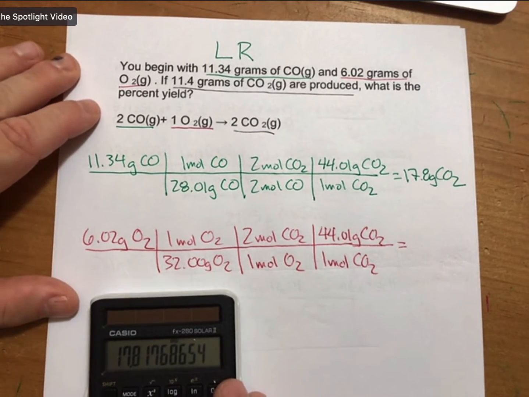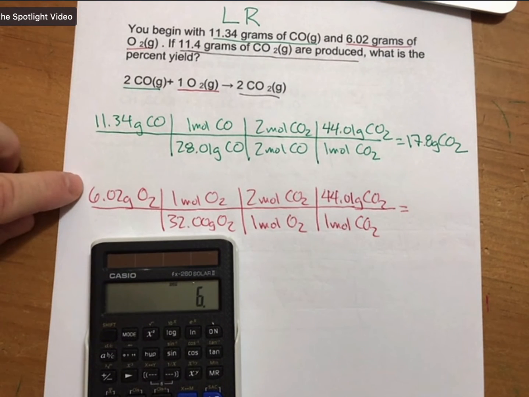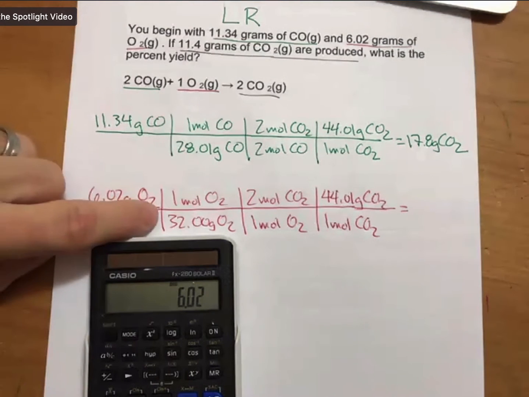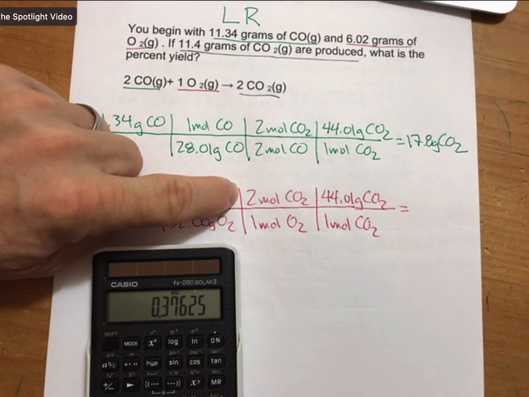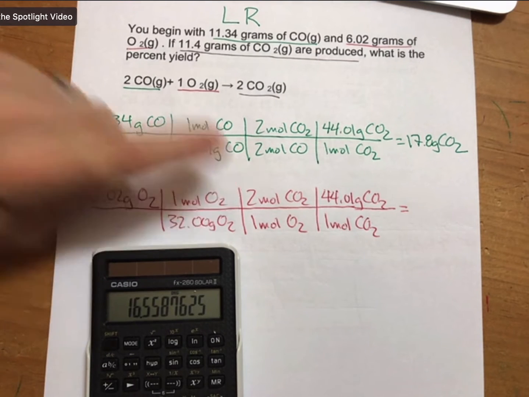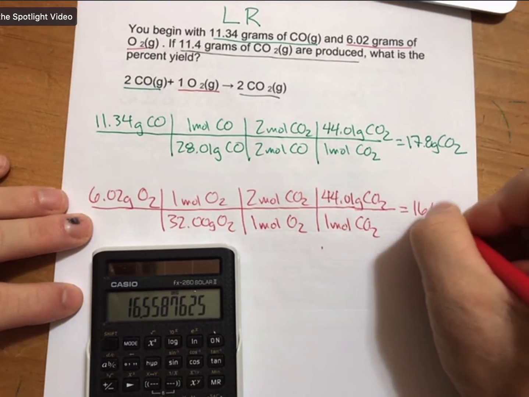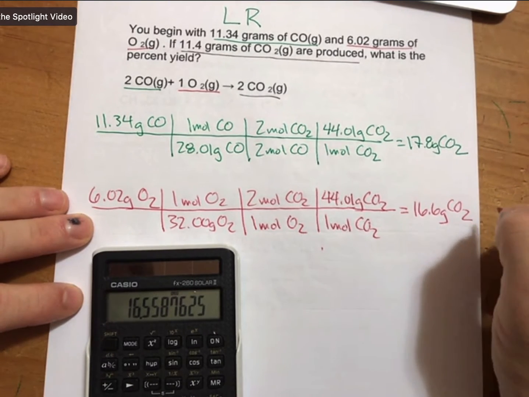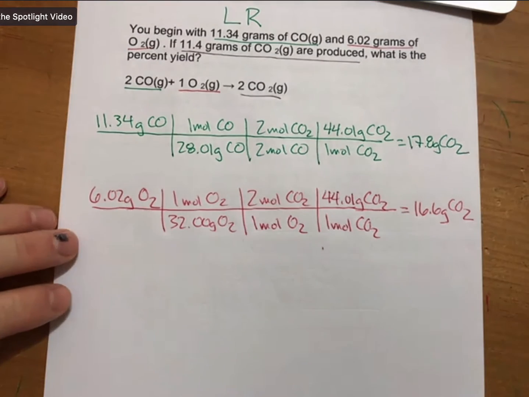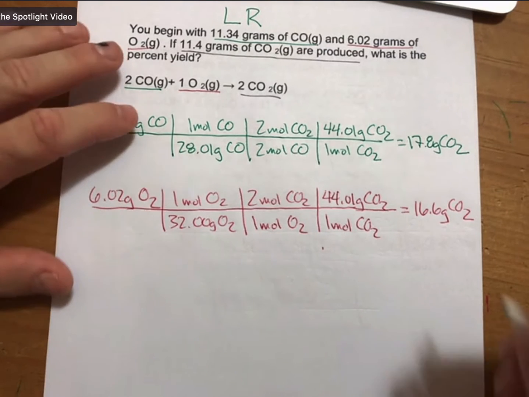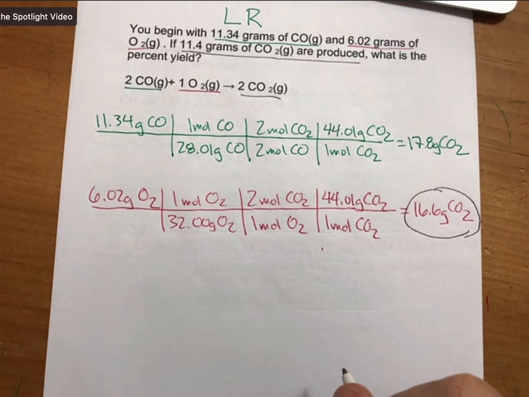Now let's multiply this out. 6.02 divided by 32 times 2 times 44.01. I get 16.6 grams of carbon dioxide. And if this were any of the previous problems we've been working on, we would be done. We would say the smaller amount is the amount that we can actually make.